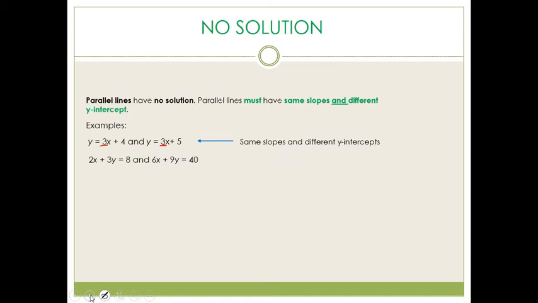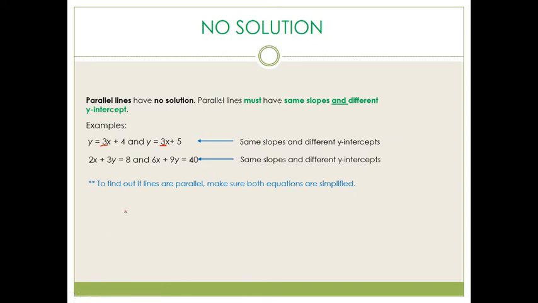And again, here I have a second example of two equations, both written in standard form, where if I change them to slope-intercept form, we'll see that we indeed do have, in fact, different lines, but with the same slope. So in this case, if I take 2x plus 3y equals 8, I could change that into slope-intercept form by subtracting 2x from both sides.